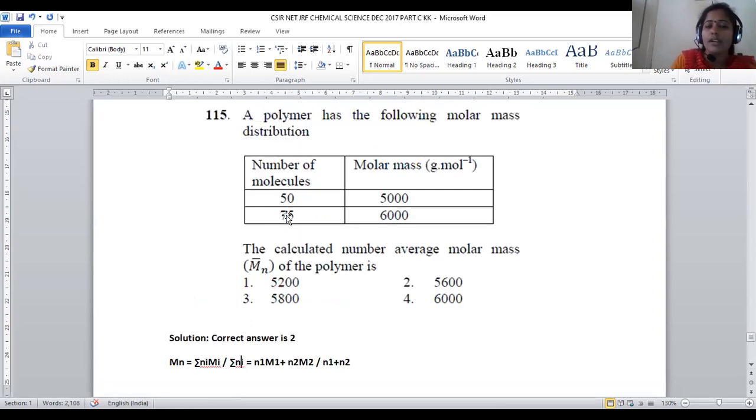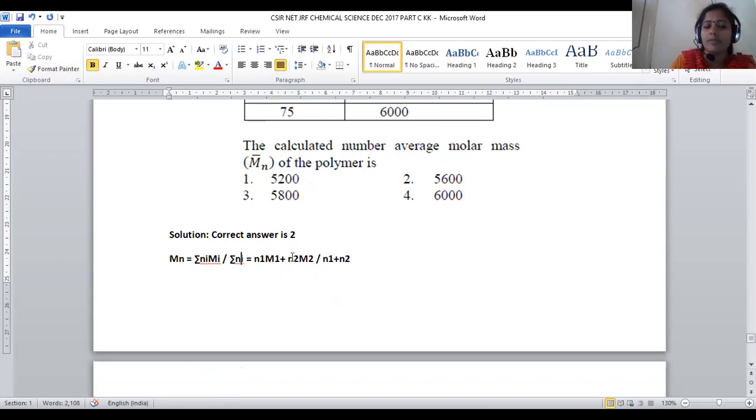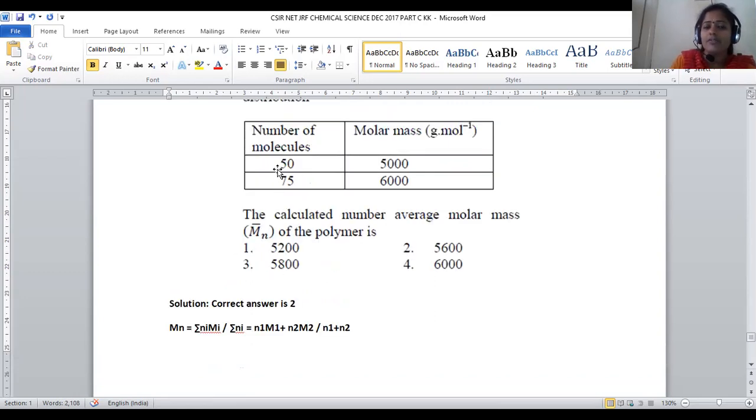Divided by sigma Ni, again the number of molecules. Here, how many are taken? Only 2. Now the formula will be expanded in this manner: N1 M1 plus N2 M2 by N1 plus N2, right? For the first molecule, N is 50 and M1 is 5000, so 50 into 5000 plus the second molecule.